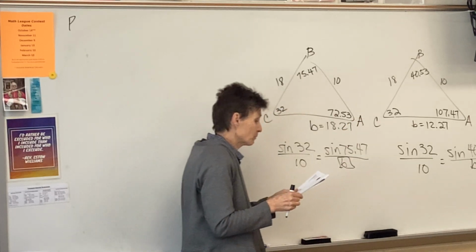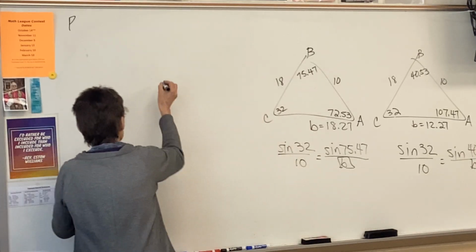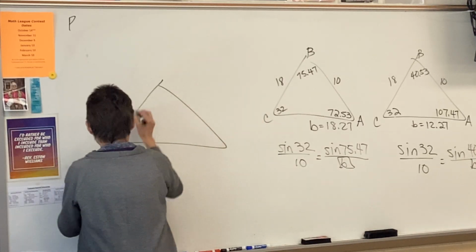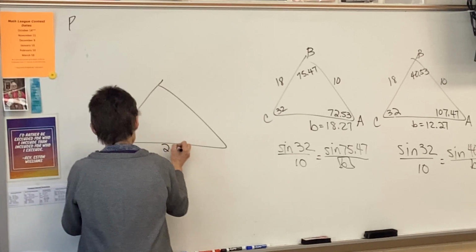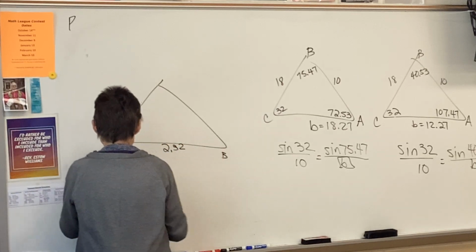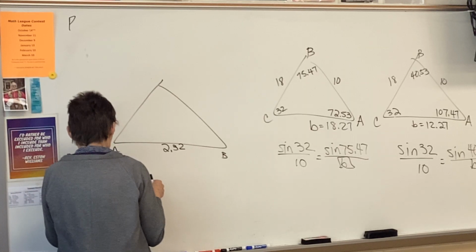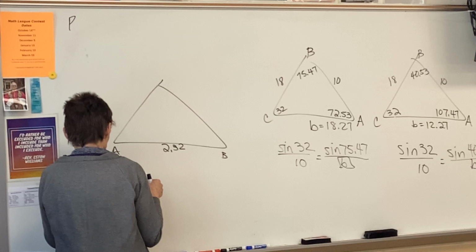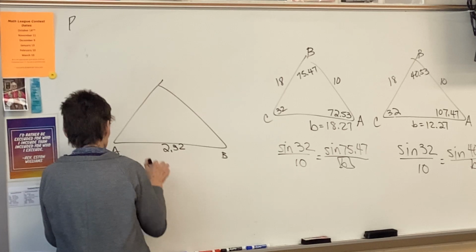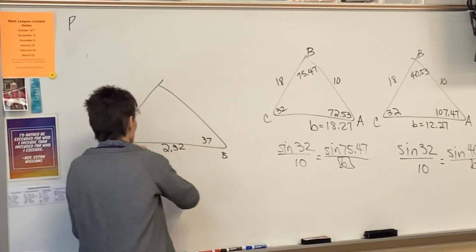All right, let's go to problem 3. Observers 2.32 miles apart see this balloon, and that angle's 28, and that angle's 37.